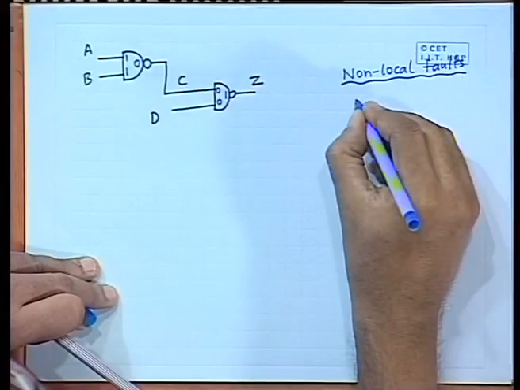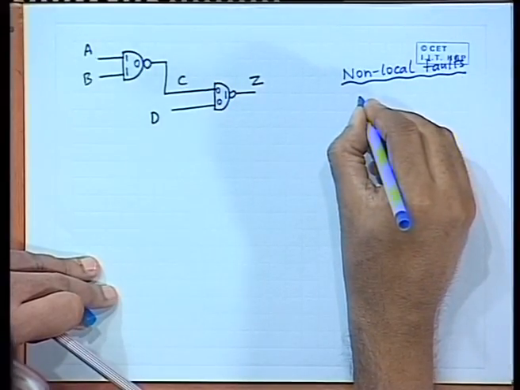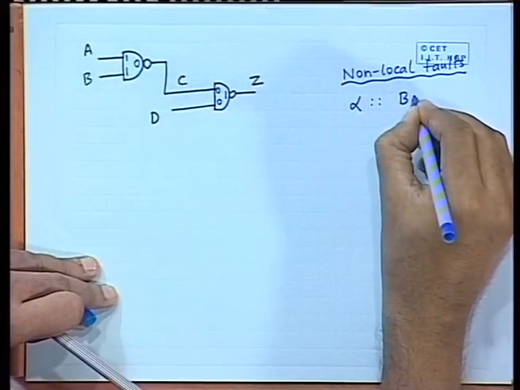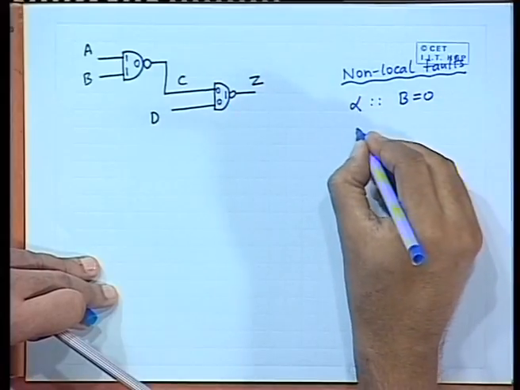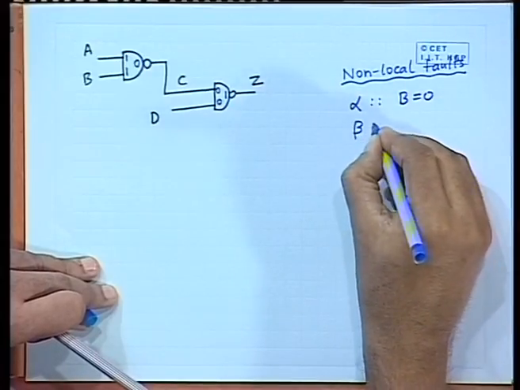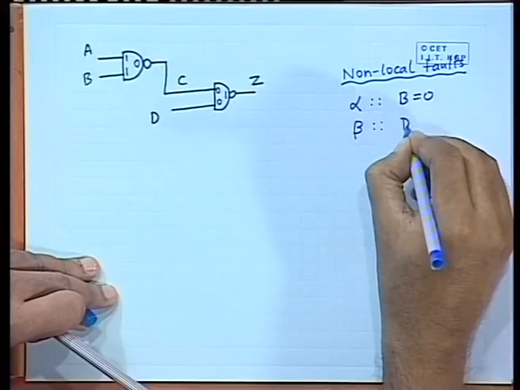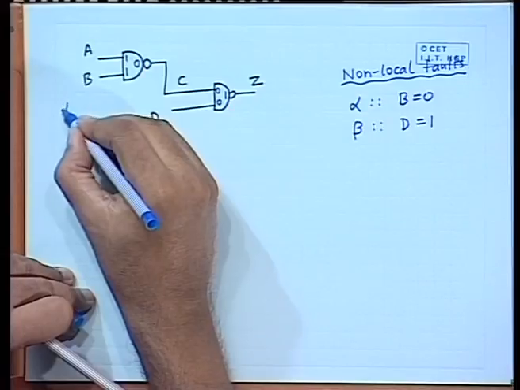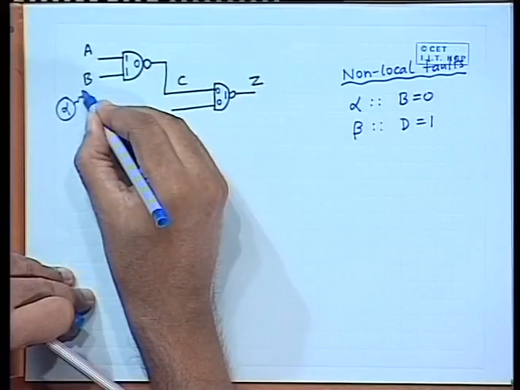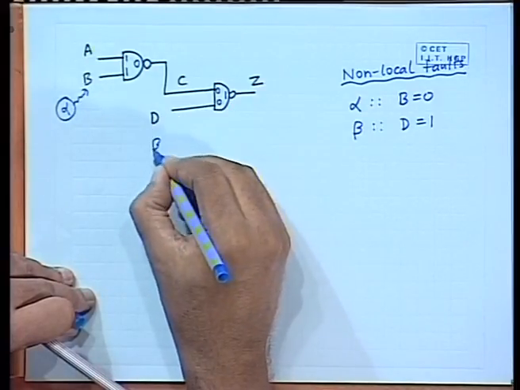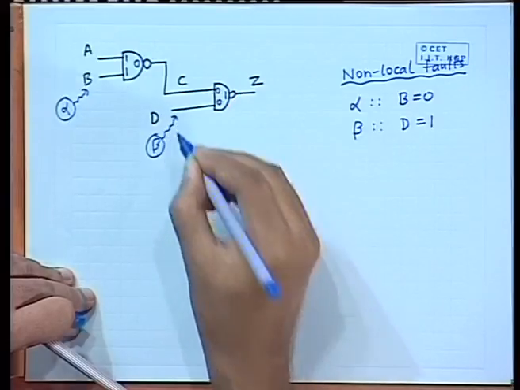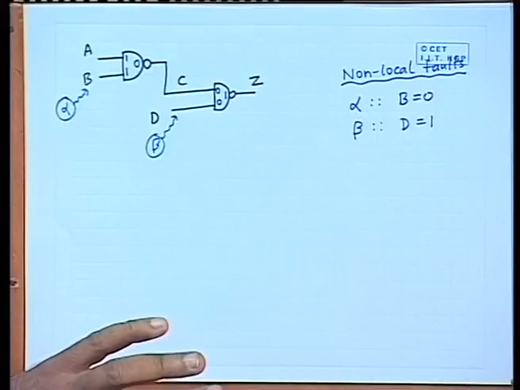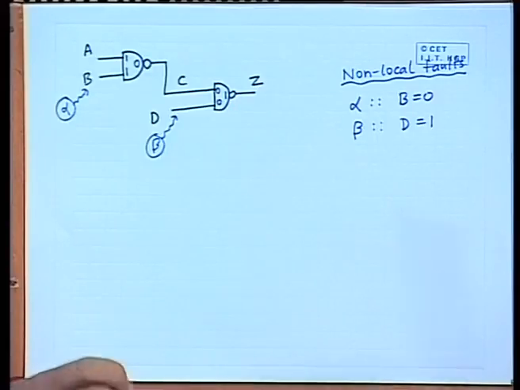So, here also we consider that there is a fault alpha whose effect is to make the line B equal to 0. There is another fault beta whose effect will be to make the line D equal to 1. So, alpha is a fault which is affecting B and beta is a fault which is affecting D.